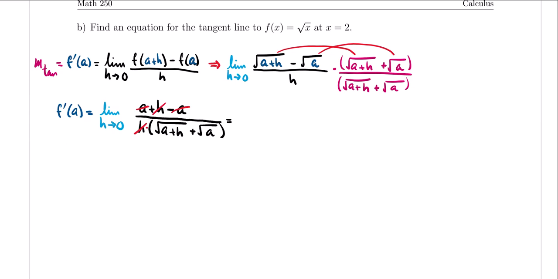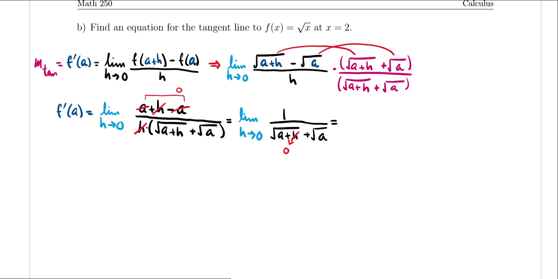Now careful here though, because the cancellation of a minus a was equal to 0, but h divided by h was equal to 1. So that means that we're left with the limit as h approaches 0 of 1 over the square root of a plus h plus the square root of a. Now as the h goes to 0, this is gone.